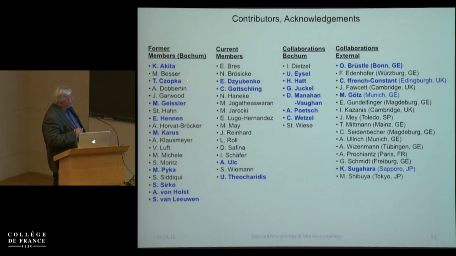Tim Chopka started the work on oligodendrocyte precursors that's now being continued by Annika Ulz, and there we collaborate with Oliver Bristol. And here are several colleagues from the campus who contributed to the physiology studies, and Georg Juckel is the head of psychiatry department with whom we are working on psychiatric drugs and their influence on synapse formation.